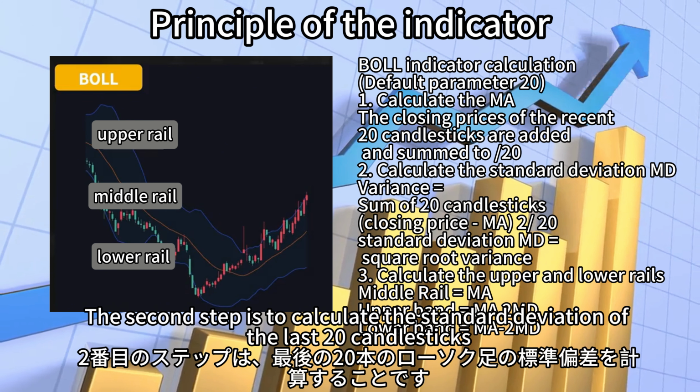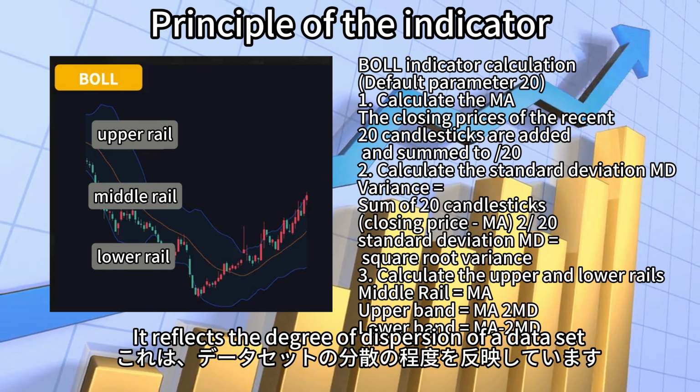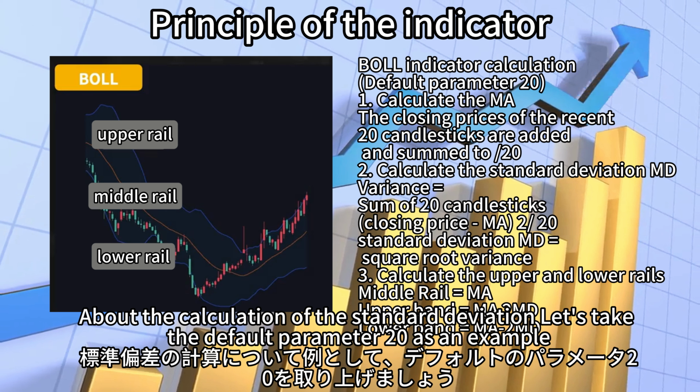The second step is to calculate the standard deviation of the last 20 candlesticks. The standard deviation is the arithmetic square root of the variance. It reflects the degree of dispersion of a data set. Let's take the default parameter 20 as an example.